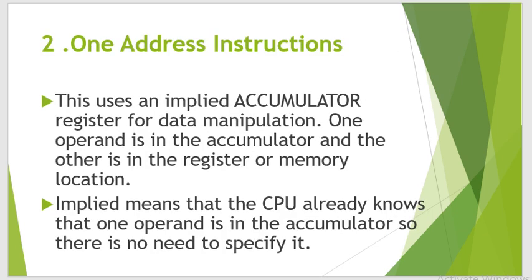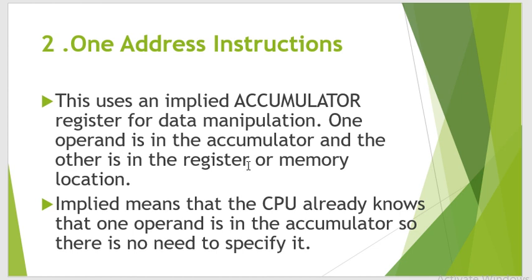Whereas the one address instruction format uses an implied accumulator register. I already told you that the accumulator register is one of the CPU registers. It is used for temporary data storage, so that is data manipulation.